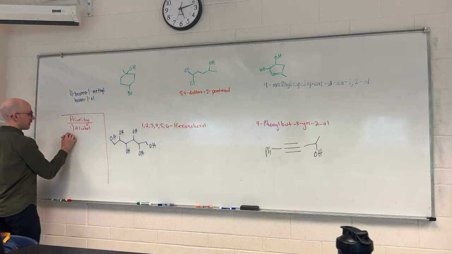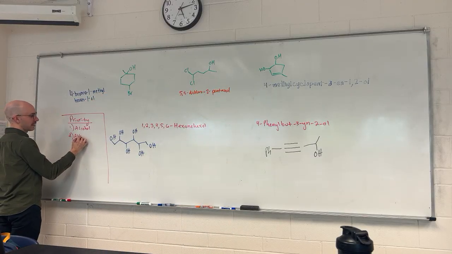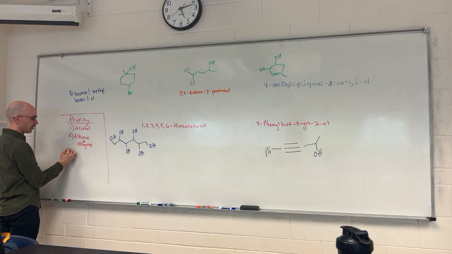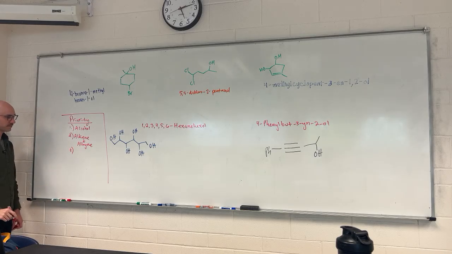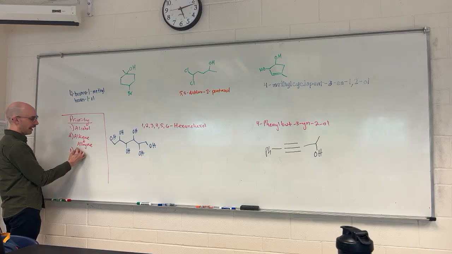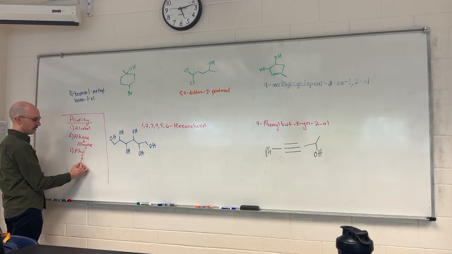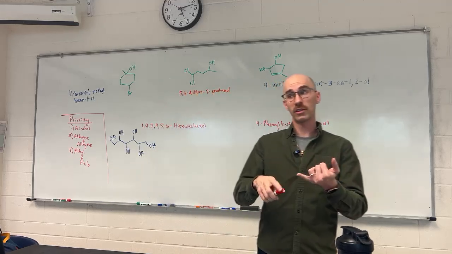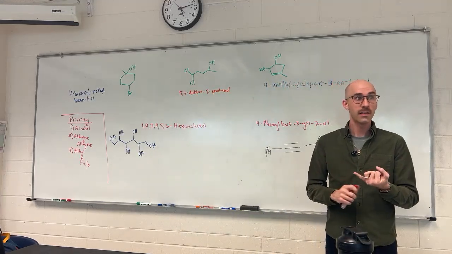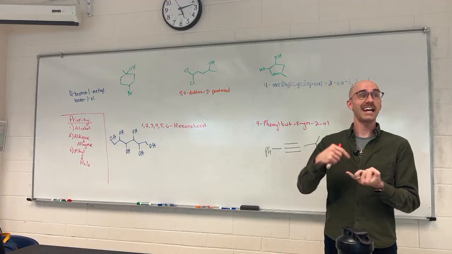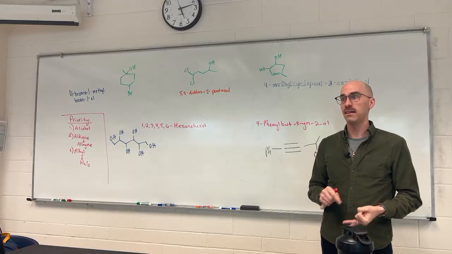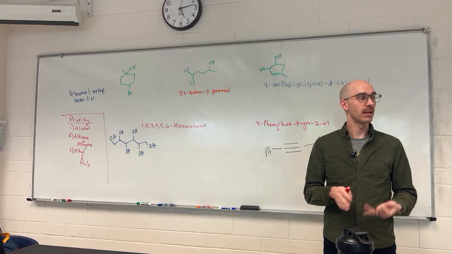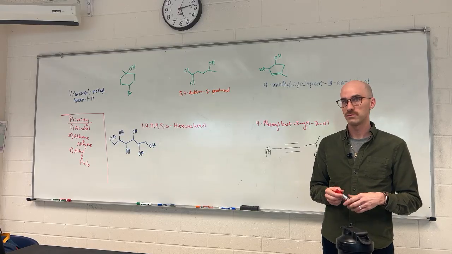Alcohol, then a tie between alkene and alkyne, whichever one can get the lowest locant. Then alkyl groups and halogen groups. So find the longest carbon chain, including the highest priority group, and number in such a way that the highest priority functional group gets the lowest locant set possible.